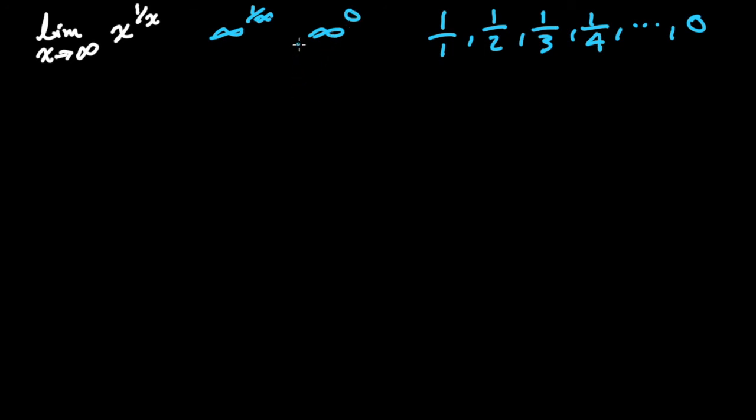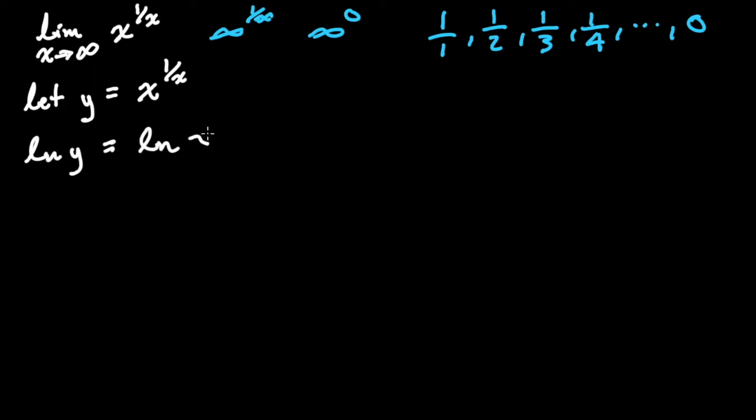And so that should be a clue to us that we can start with the steps that we previously discussed. And so the first step that we discussed was letting y equal to the inside function that you're evaluating, right? And then the next step that we talked about was taking the ln of both sides. And then the next step was to take the exponent function and bring that out to the front on the right side.